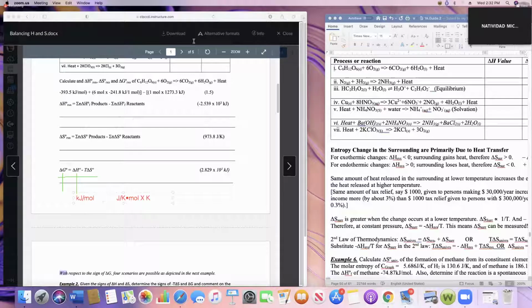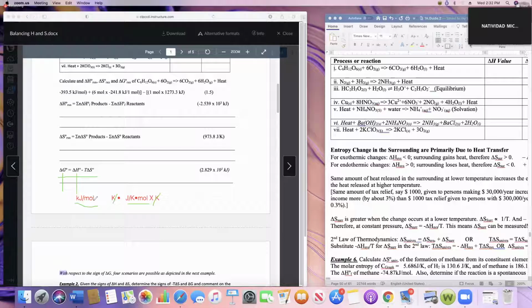Joules and moles, joules per mole, right? Because the Kelvin cancels out with that T. T is going to be Kelvin, so K multiplied by this, and the K is canceling out. So we end up with joules, and kilojoules are the same thing.